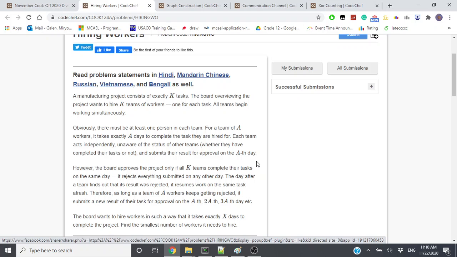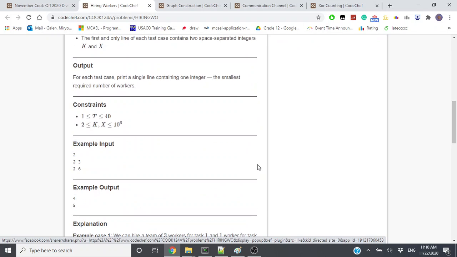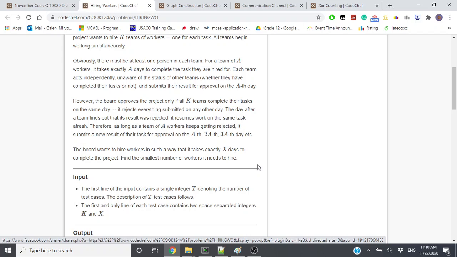So, essentially, you want the LCM of the values to be x. Right? That's how that works? Yeah, you want the LCM of the values to be x. And you want the smallest number of numbers to achieve that.